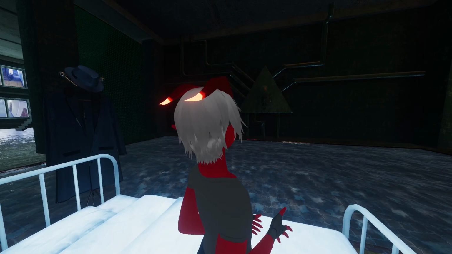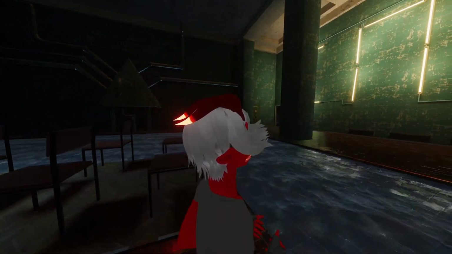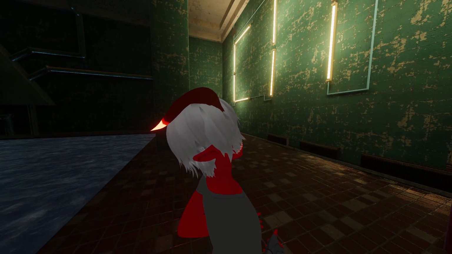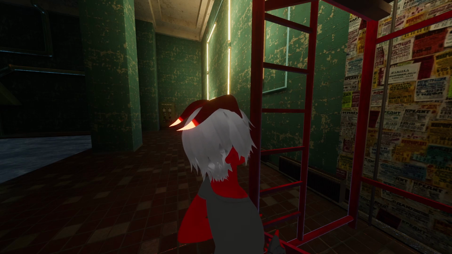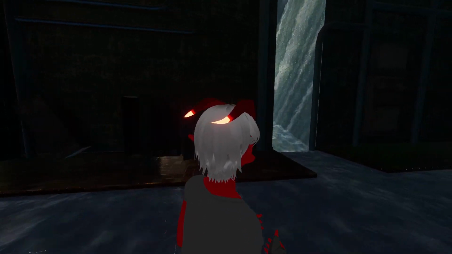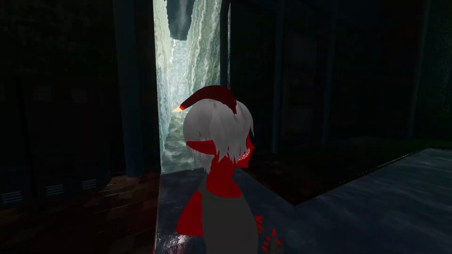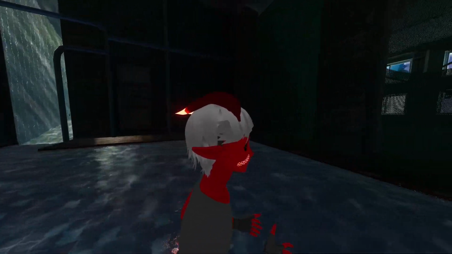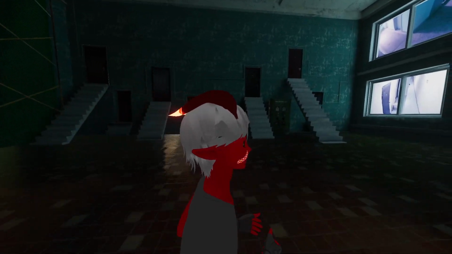I need to sort this room out. That looks like another entrance. There's so many places. I don't want to go somewhere and not be able to explore.